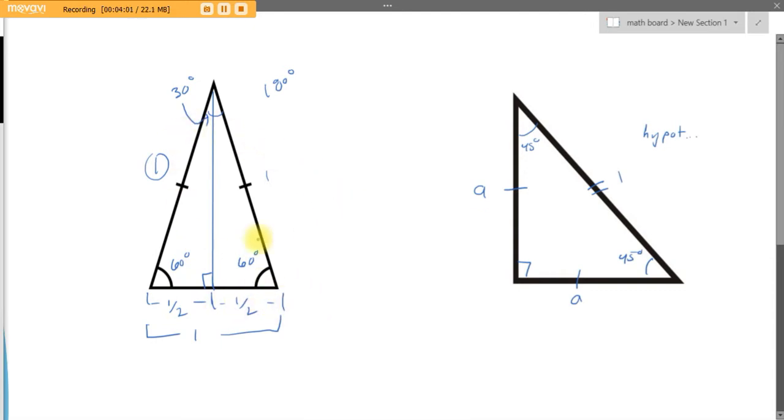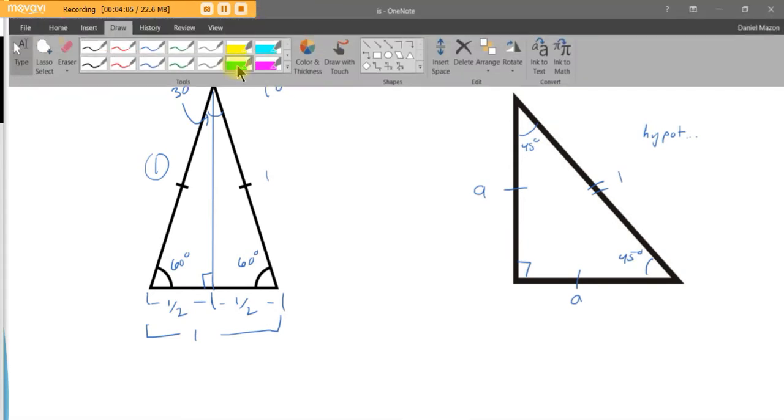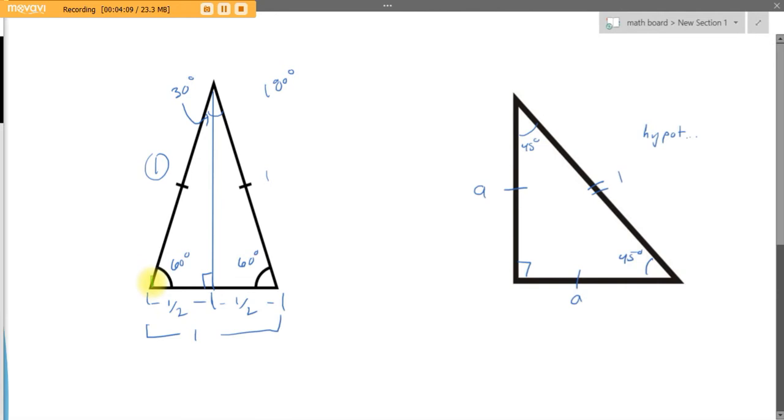Now, the reason why I did that is because we're only going to be using half the triangle. So I'm going to highlight this, if I could. Sorry, you guys, but hey, you get the point.